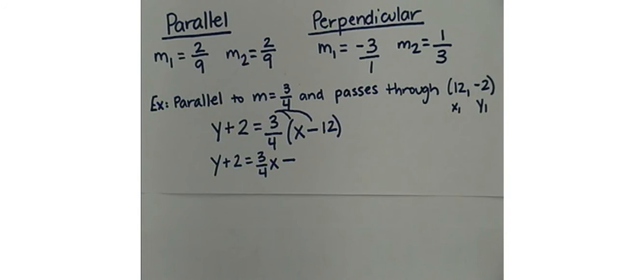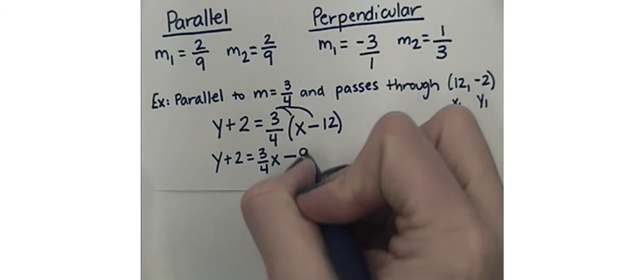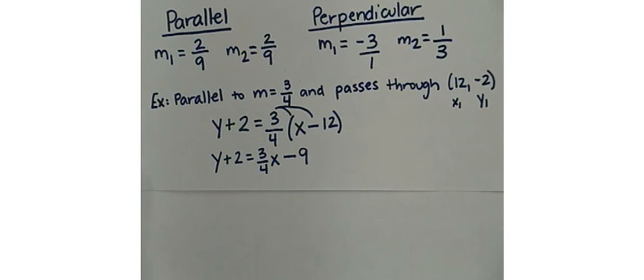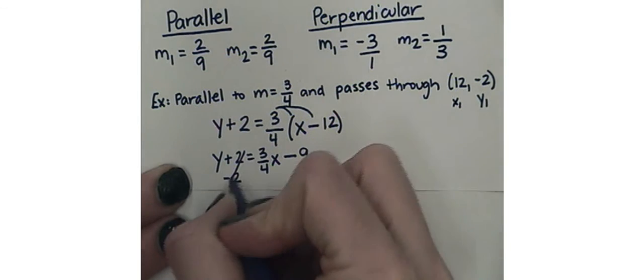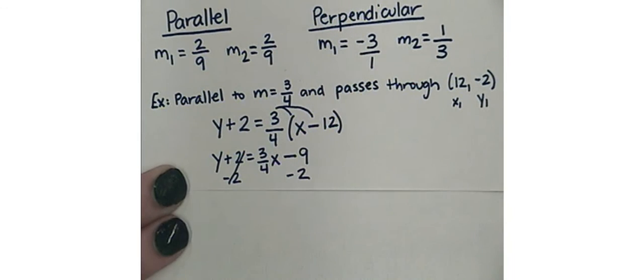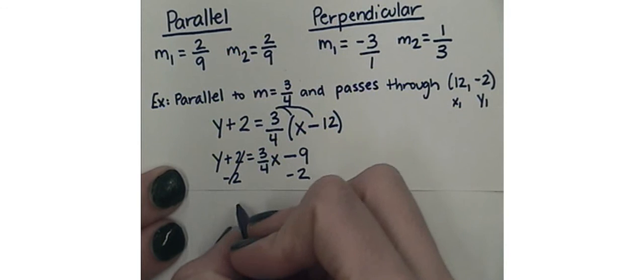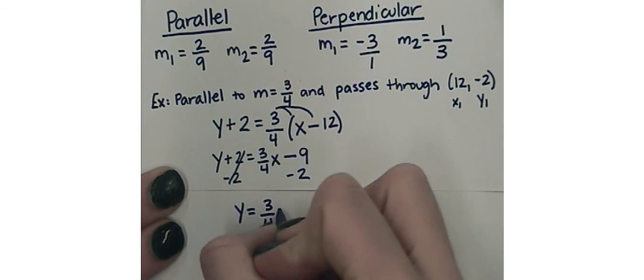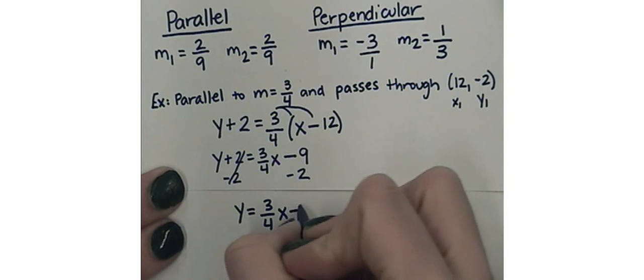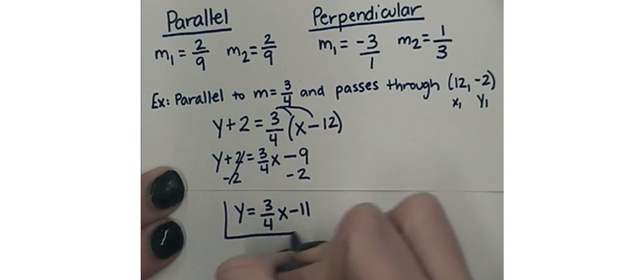You can use one on your calculator app, your phone app, desmos.com/scientific. We get -9. Then let's subtract 2. So y equals 3 over 4x minus 11.